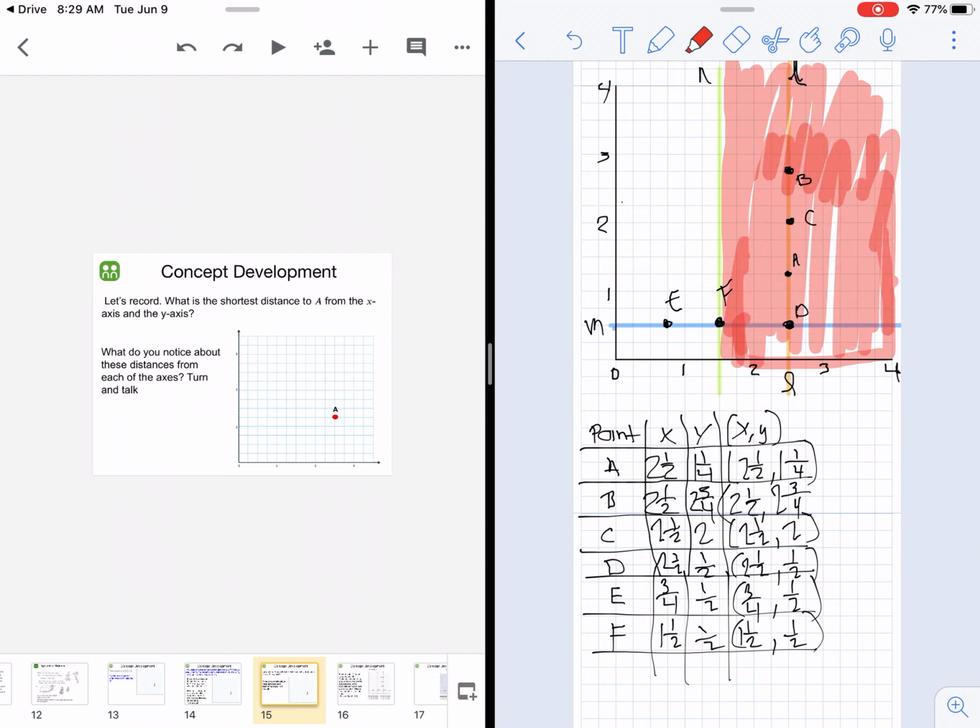Okay, so everything in red is more than 1.5 units.